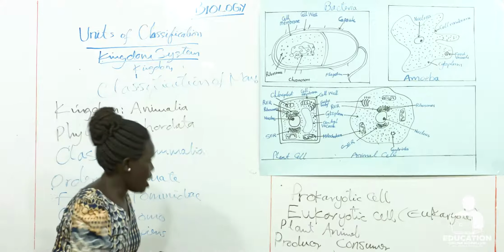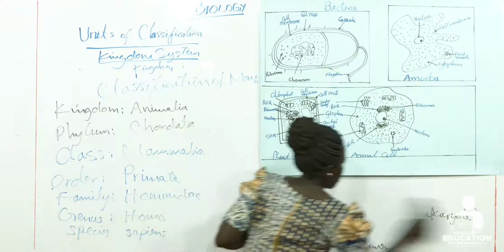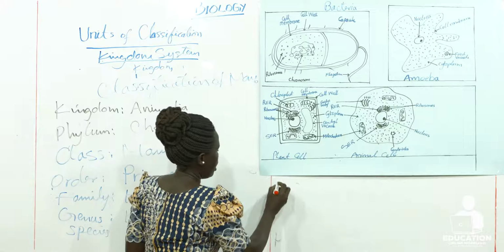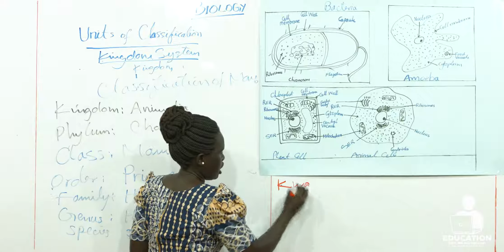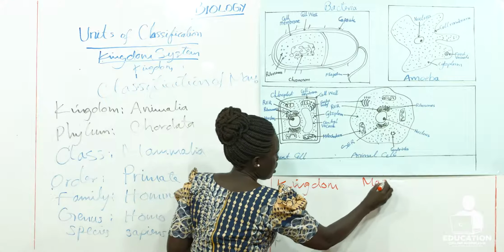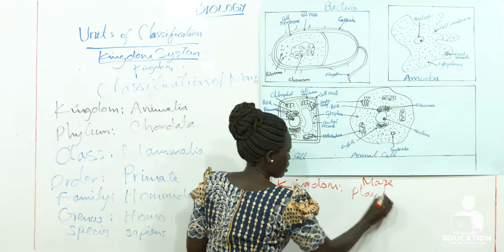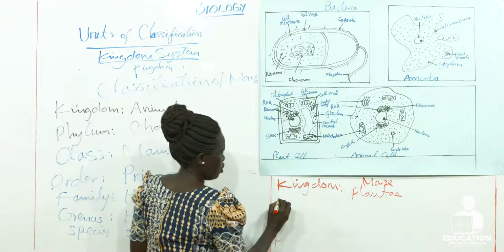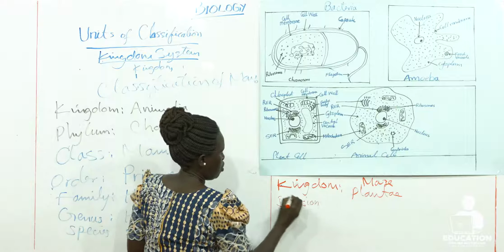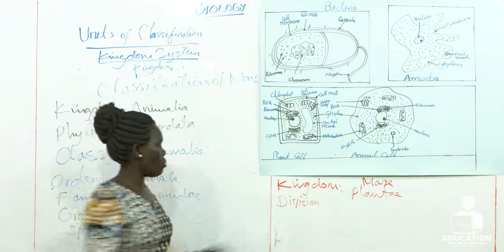Another example, maize, the classification of maize. Kingdom, if this is maize, the kingdom is Plantae. Then the division. We said the phylum is used for animals, while division is for plants.